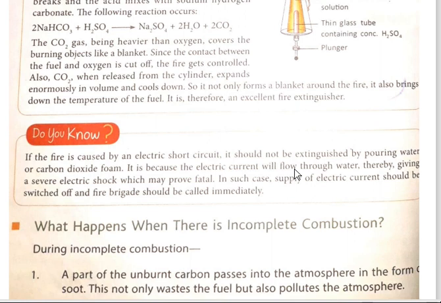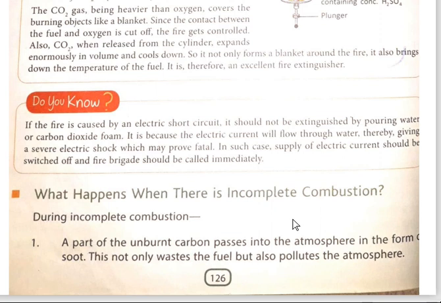Now, what happens when there is incomplete combustion? During incomplete combustion, a part of the unburned carbon passes into the atmosphere in the form of soot, and this not only wastes the fuel but also pollutes the atmosphere. Incomplete combustion means the fuel doesn't burn properly.